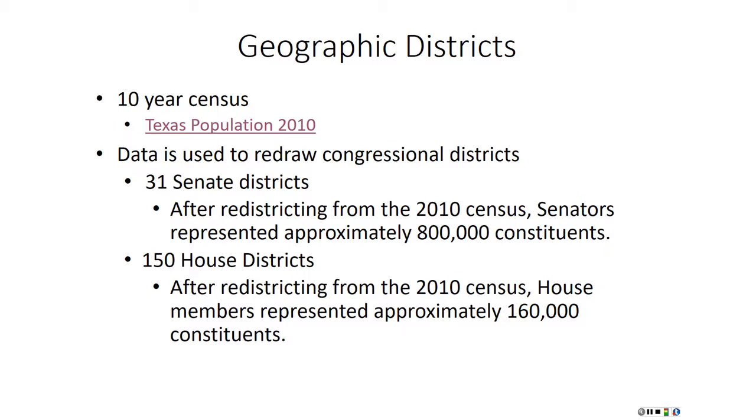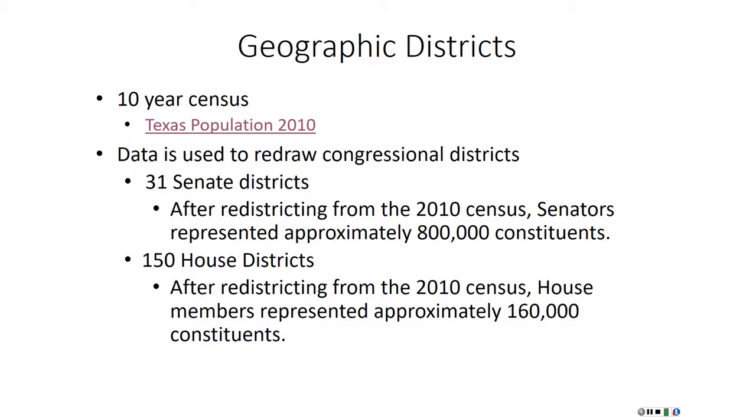Now, if you look at these last bullet points, 31 Senate districts after redistricting, 150 House districts after redistricting, there's things that you can infer in here. And I tell my students, part of college is learning how to read something and draw parallels or infer information. 31 Senate districts.